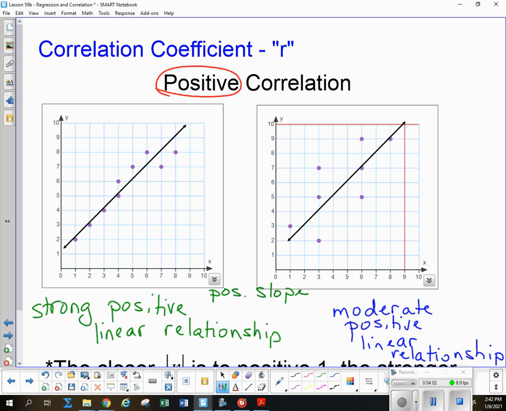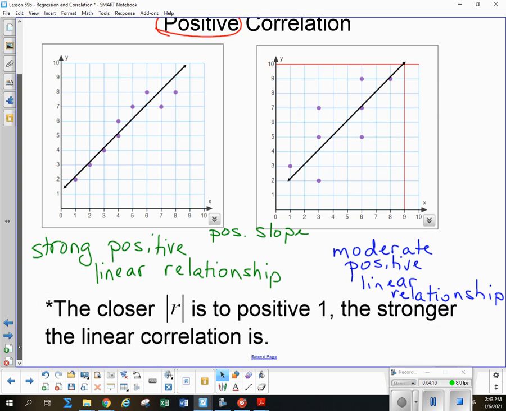Today we are also going to talk about something the calculator is actually going to give us a number for. And the other thing that we are going to talk about is an R value.